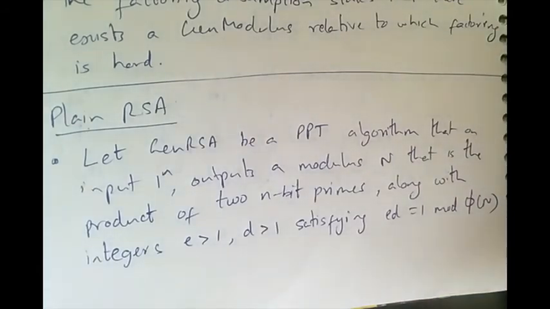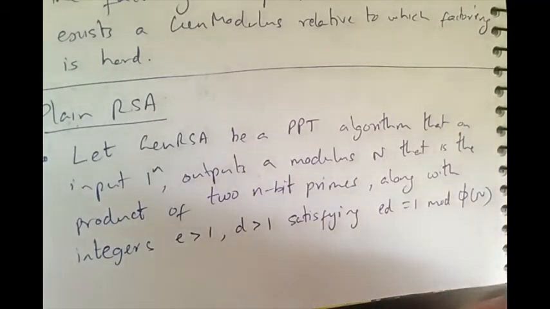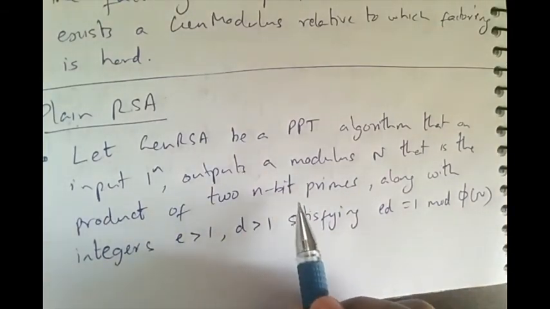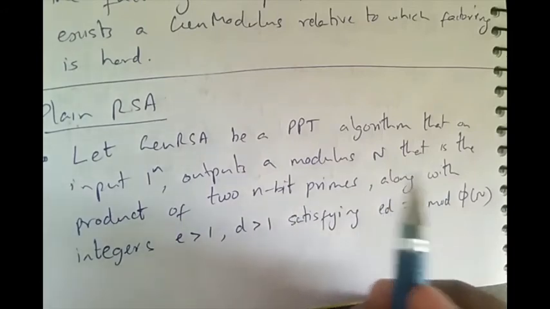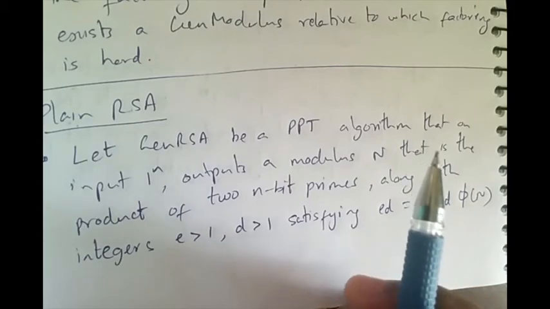Now Gen modulus was giving us a modulus N and a pair of integers p and q, such that N is equal to pq. But here, for Gen RSA, we want N to be a product of two n-bit primes. The difference is that in Gen modulus, p and q could be composite numbers with negligible probability.